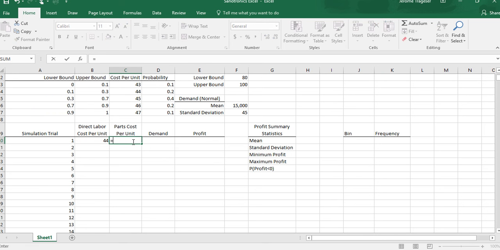So equals our lower bound, again, all these are going to be absolute, plus our upper bound minus our lower bound multiplied by a random number.